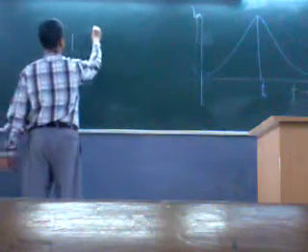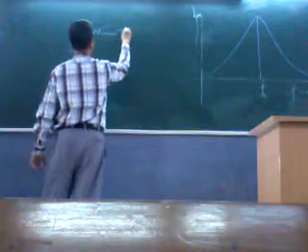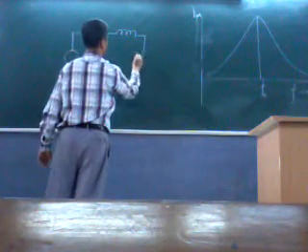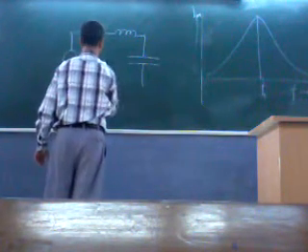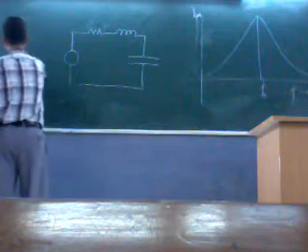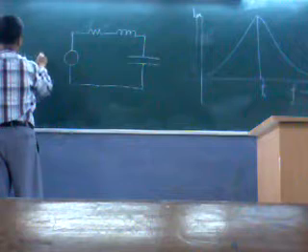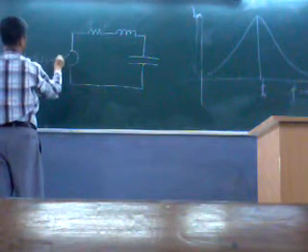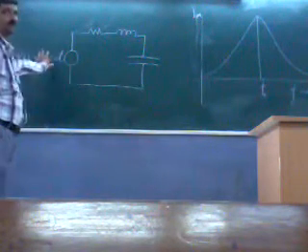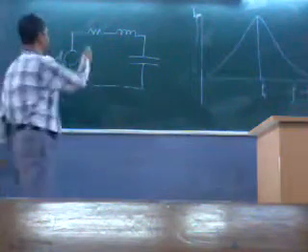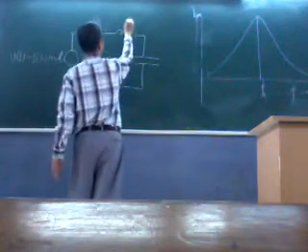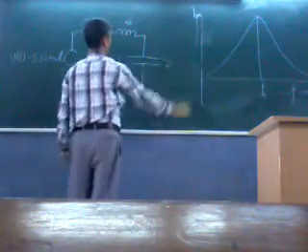So we take some other values. Vt, let us say, is 5 sin omega t. Then this is 10, this is 5, this is 2.